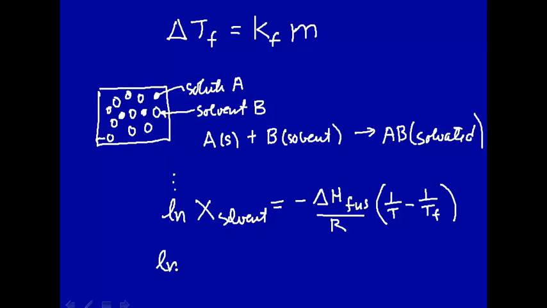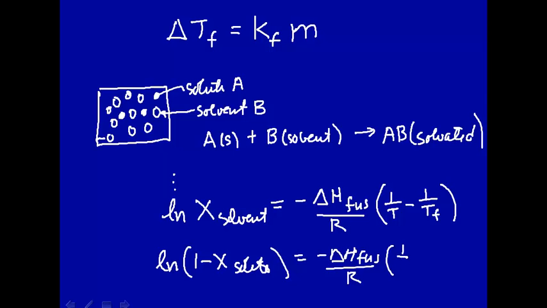For a two-component mixture, the solvent is 1 minus the mole fraction of the solute. So the natural log of that would be equal to minus delta H of fusion over R, times 1 over T minus 1 over the freezing point. This would be the freezing point of the pure solvent.